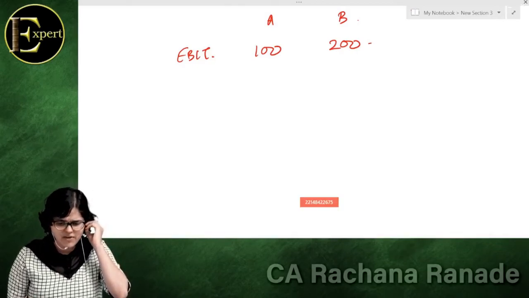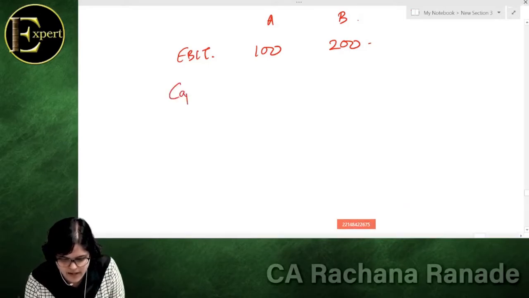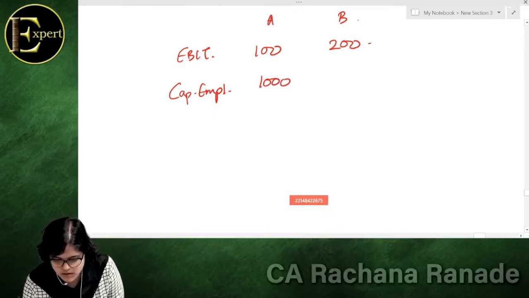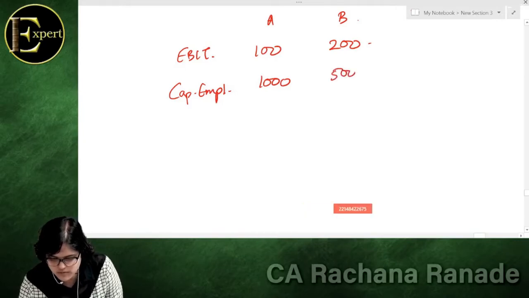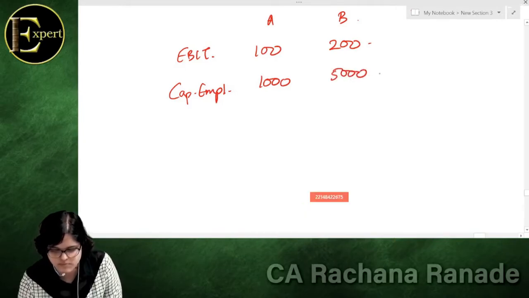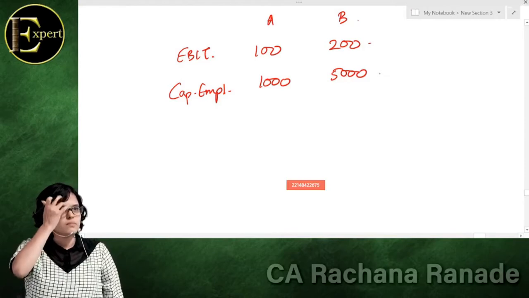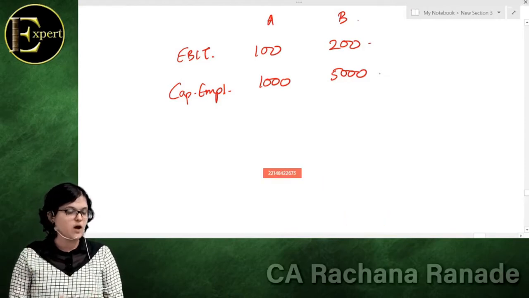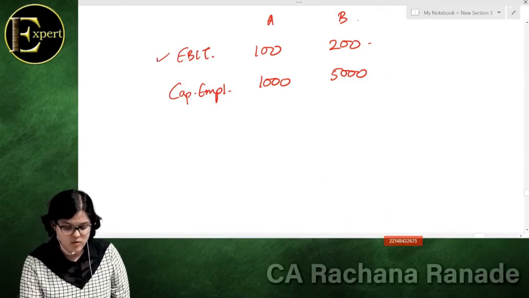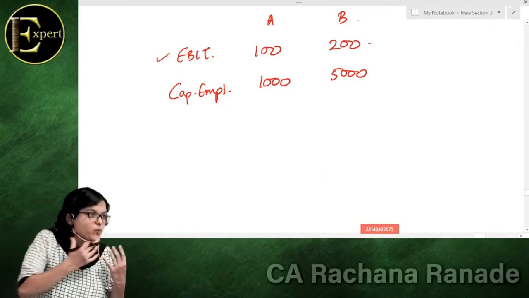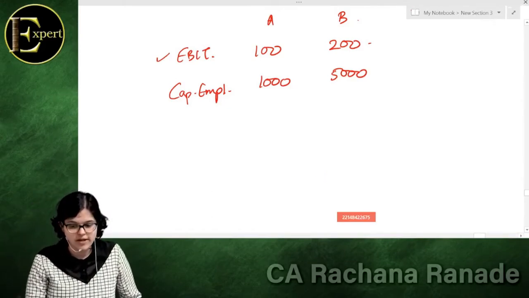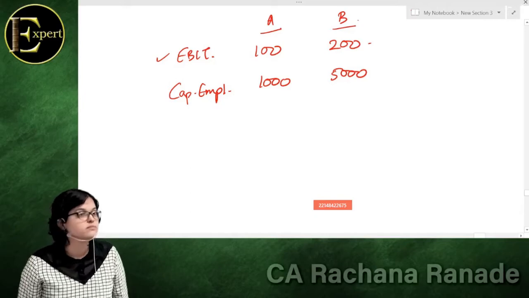But then if I say that capital employed is 1000 and capital employed is 5000. To earn this 100 rupees, how much money were they required to put in the business? For A it was 1000 and for B it was 5000.